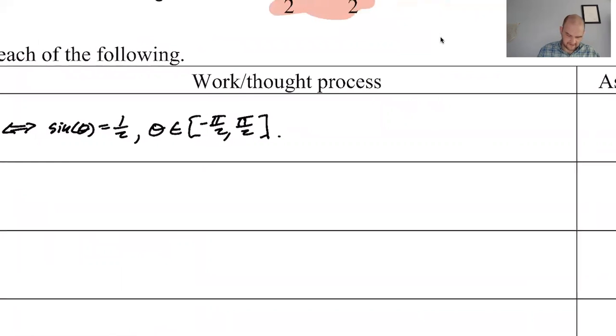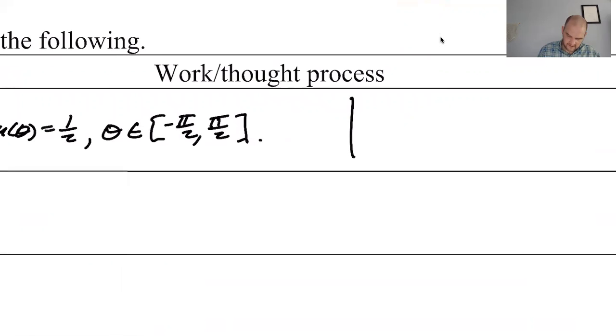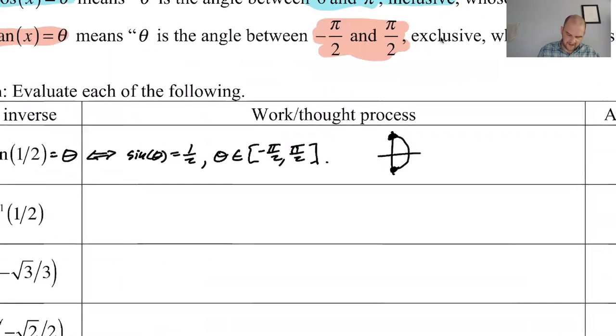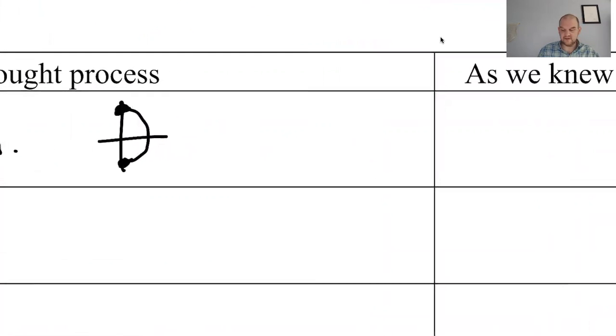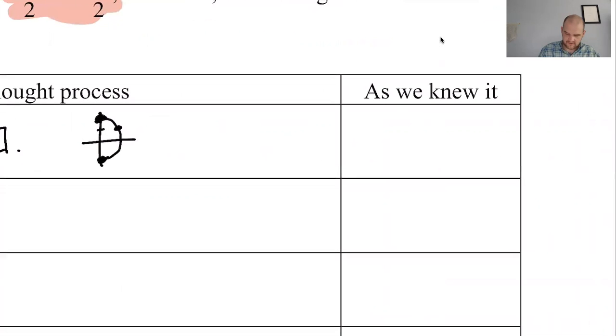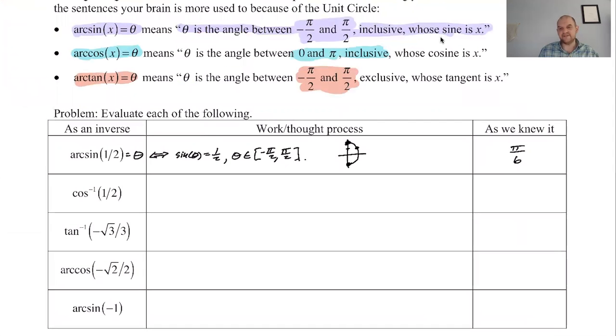Now, the other thing is that we're talking about this, right? Solid dots. But no matter how you do it, where is sine of theta equal to 1/2? Well, 1/2 is here, and that's pretty far out. That angle is pi/6. The inverse sine of 1/2 is pi/6. So these are equivalent things.